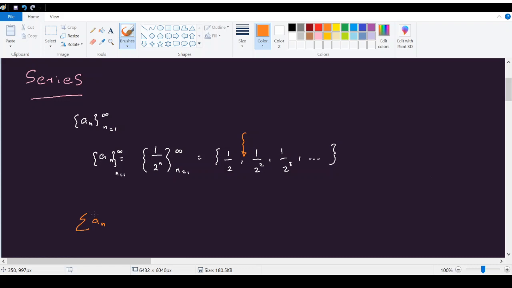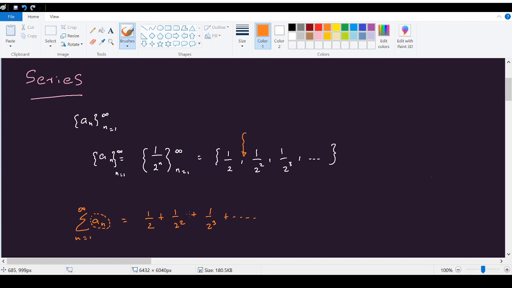Here also we are using a sequence, but instead of a comma in between the two numbers, we write an addition symbol in between. So it's like we are adding up all these infinite terms. That's what we mean by a series.